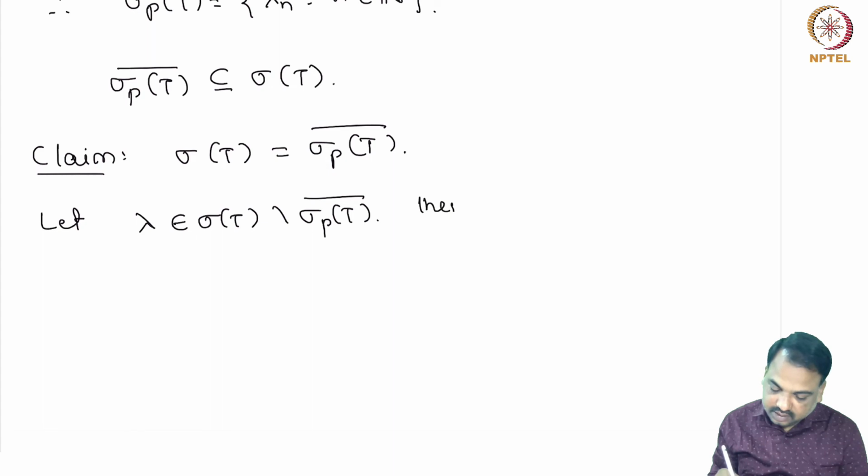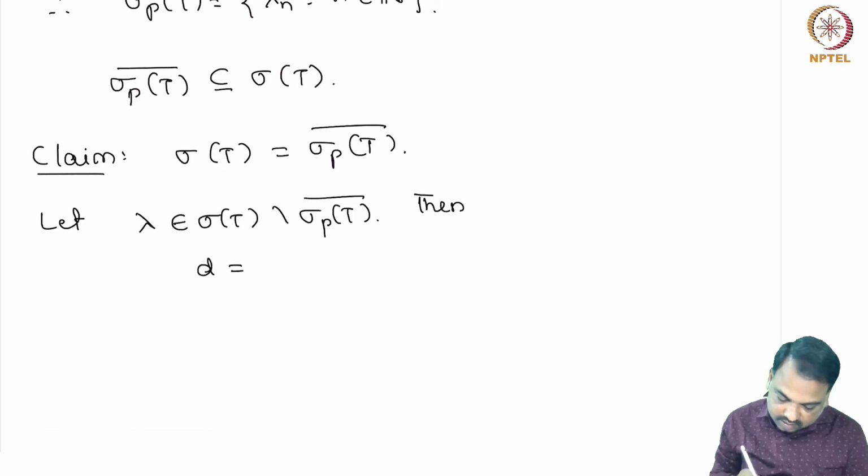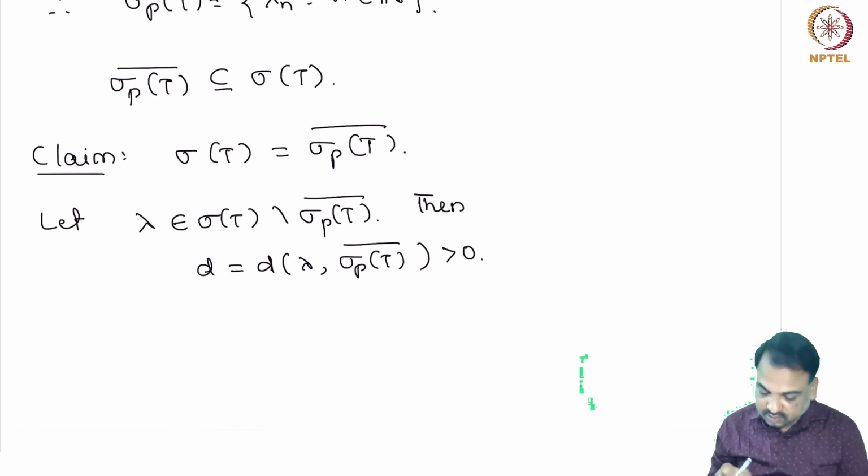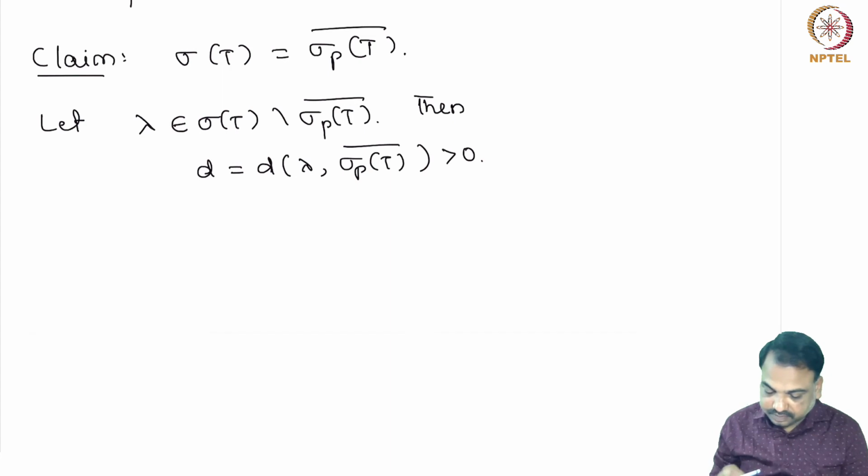Then the distance between lambda and the closure of the point spectrum of T is positive, because the closure of the point spectrum of T is a closed set, so this distance is bigger than 0.